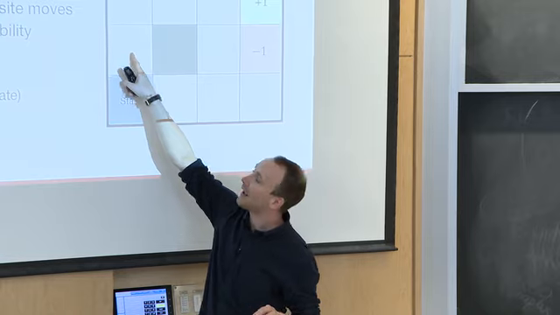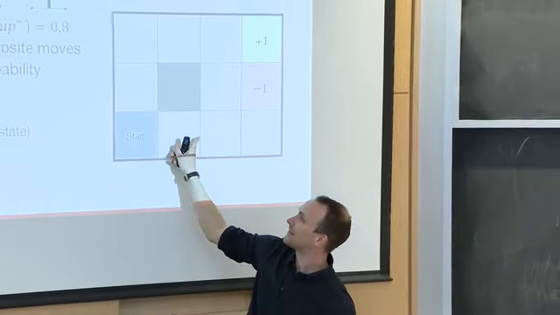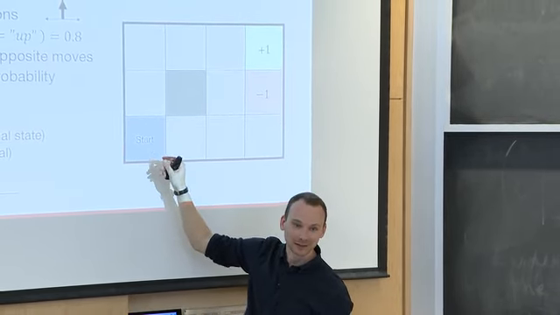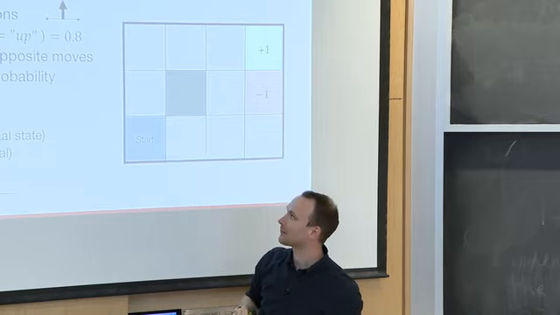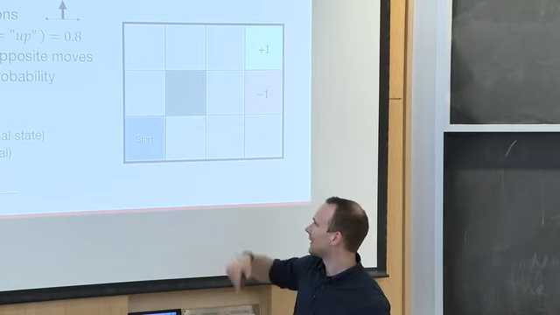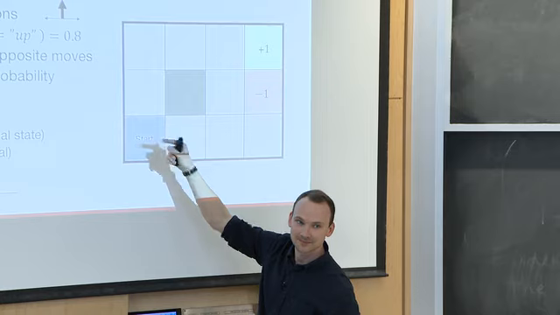So 0.8 up, and then 0.2. This is the only possible direction to go in if you start here. So 0.2 in that way. Okay. There's a chance you move in the wrong direction, is what I'm trying to illustrate here. There's no chance that they're going in the opposite direction, say. So if I say right here, it can't go that way. Okay.